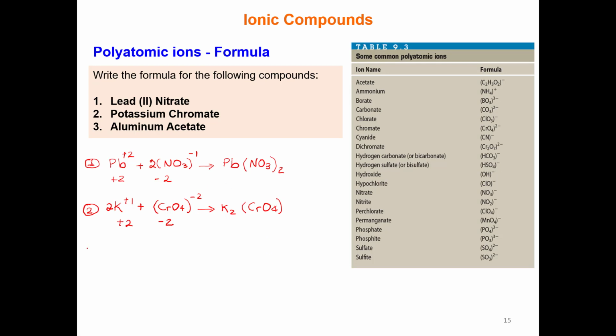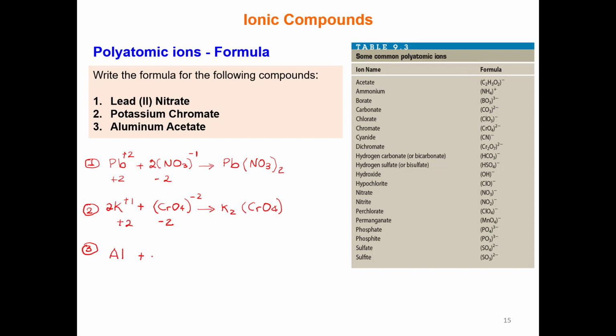Let's solve the third problem. In this case, we had aluminum acetate. And aluminum plus, and then we will see what is the charge for acetate. And we can see it's -1.